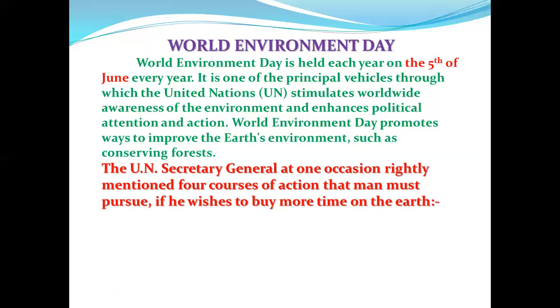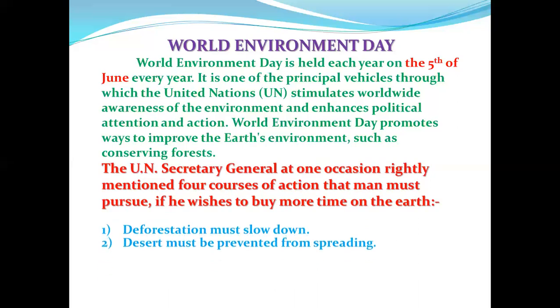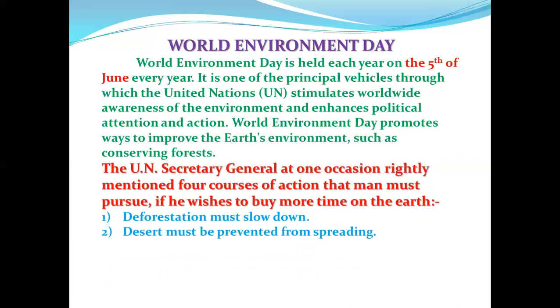Then what should we do? Number one, deforestation must slow down. It means don't cut the trees, don't harm the trees, save the trees so that your environment can be good.